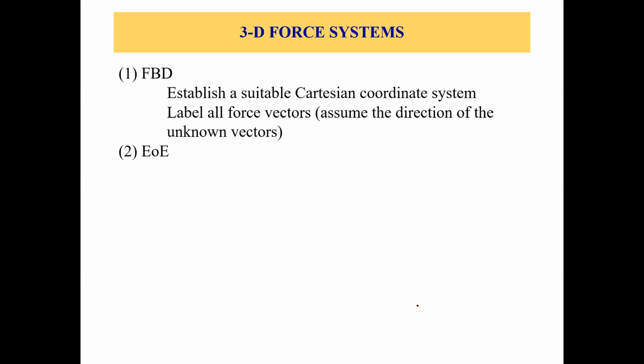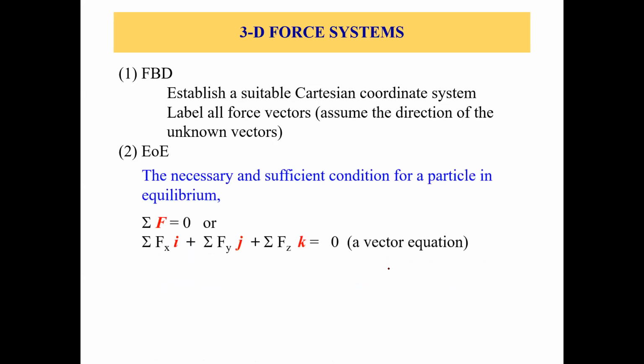So we are not going to do any problems on 3D force systems. We're just having a basic knowledge of 3D force systems. What are the equations of equilibrium? We just add sigma Fz equals 0, and that's the only thing.